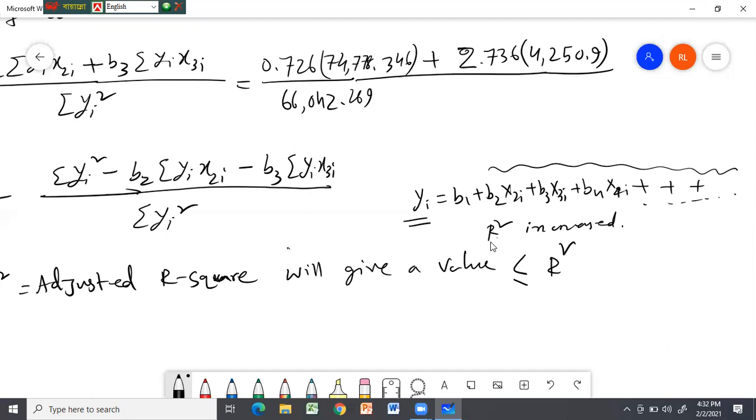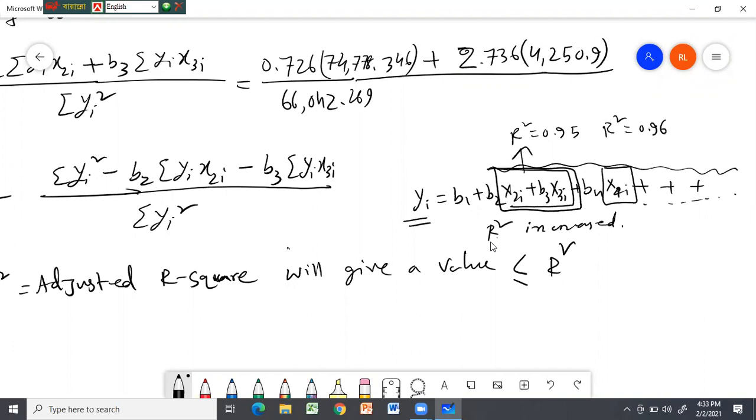For example, in your three variable model where you have only two explanatory variables, your R square value is 0.95. When you add another explanatory variable x4, your R square value may be 0.96.